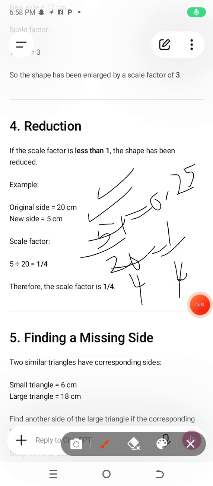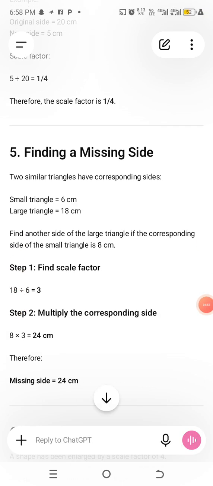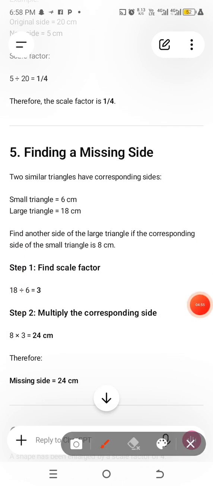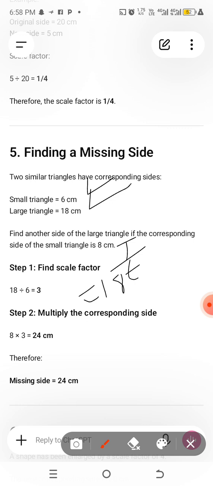If you are to find the missing side, let's say they give you the small triangle as 6 centimeter, and the large triangle as 18 centimeter. You have to first find the scale factor. That will be capital T over small t, that will be 18 over 6, which is 3. After that, you multiply the corresponding sides.